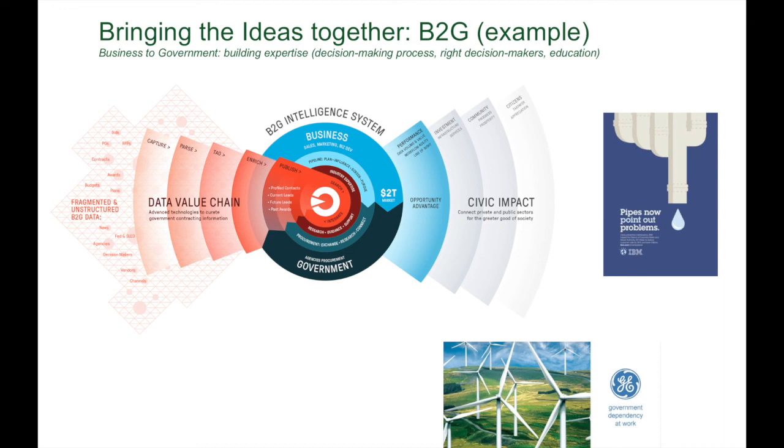Examples would include IBM, for instance, which is basically saying, that's the upper example, that they can help governments to manage their water supply, to waste less water. And obviously for many communities, water availability is a problem. And the lower example would be GE.